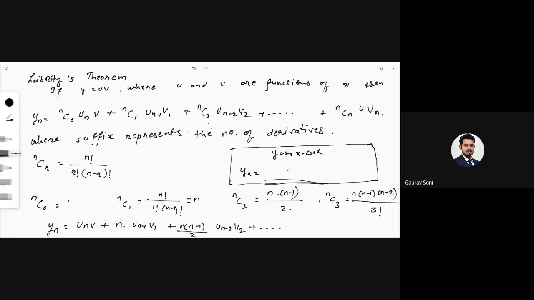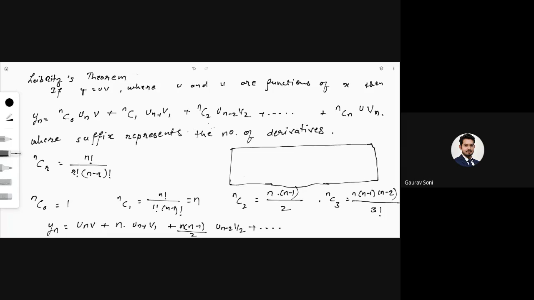You will have kind of a series over here that won't end at any stage. So this formula is very helpful when either u or v is a polynomial. Leibniz theorem is useful when either u or v is a polynomial.